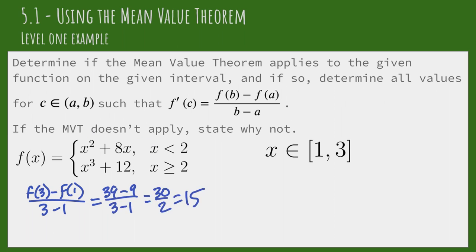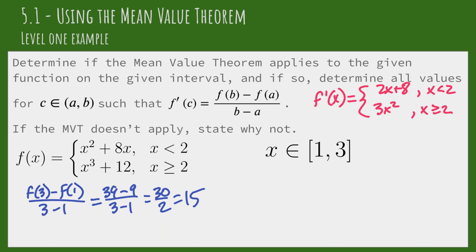What we want to do now is take the derivative, which we already have written down. So it's going to be 2x plus 8 for x values less than 2, and 3x squared for x values greater than or equal to 2. So I want to plug in c into the derivative and set these equal.